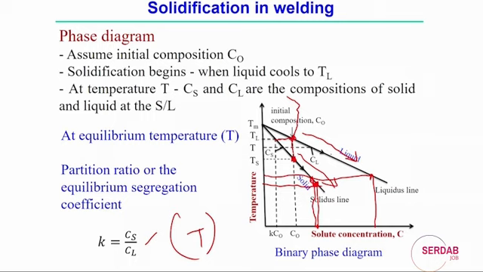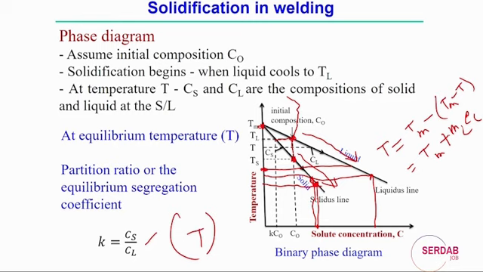At any point, the temperature T equals the melting point temperature Tm minus the difference between Tm and T. That increment, Tm minus T, can be represented by the slope m_L times Cl, the liquid content at that point, and this slope is negative.